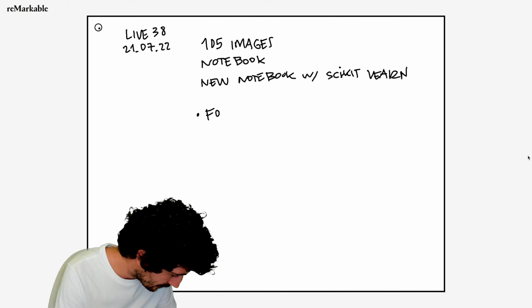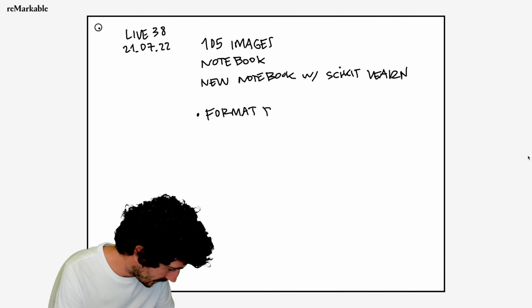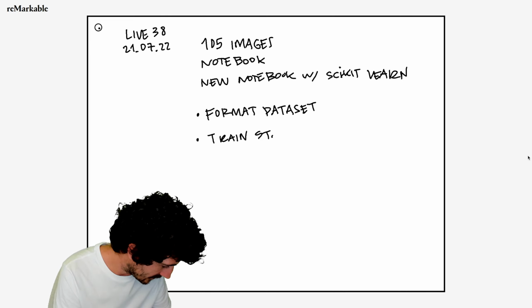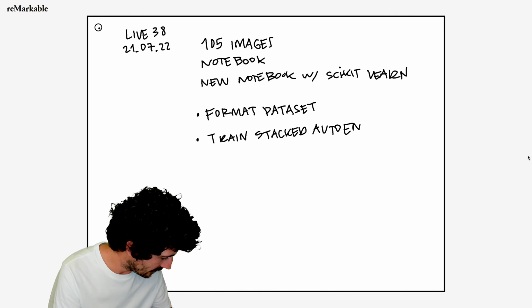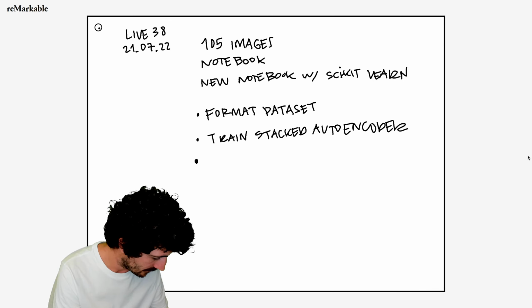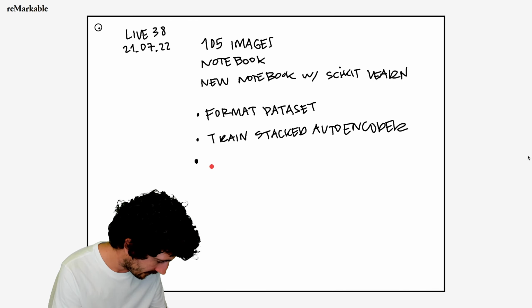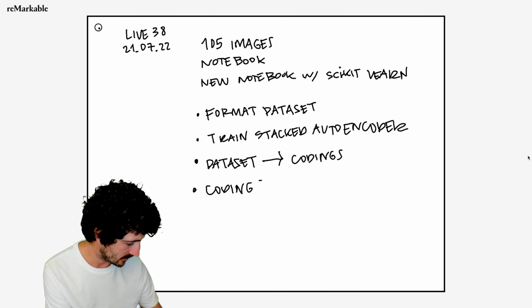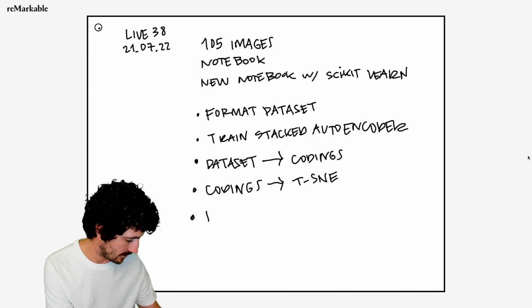So: format the data set, train the stacked auto-encoder, convert the data set to codings, and then our codings are going to go into t-SNE, and then plot them.